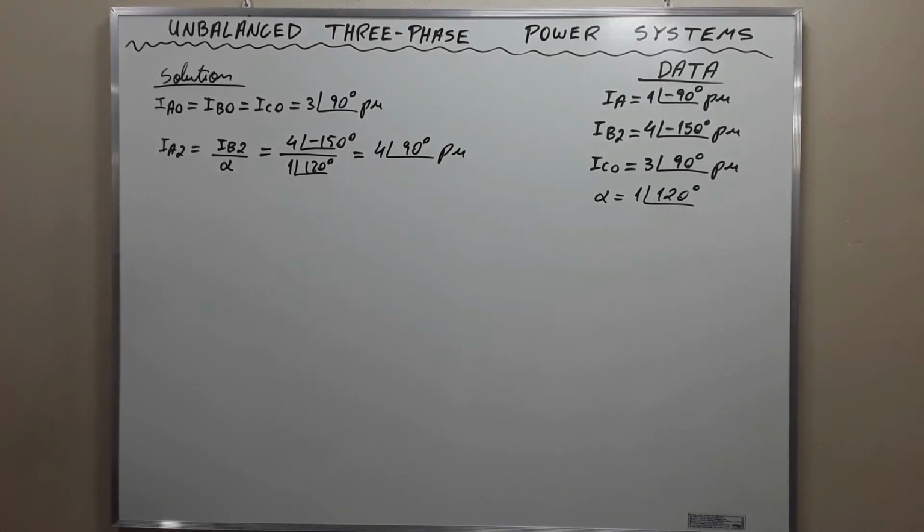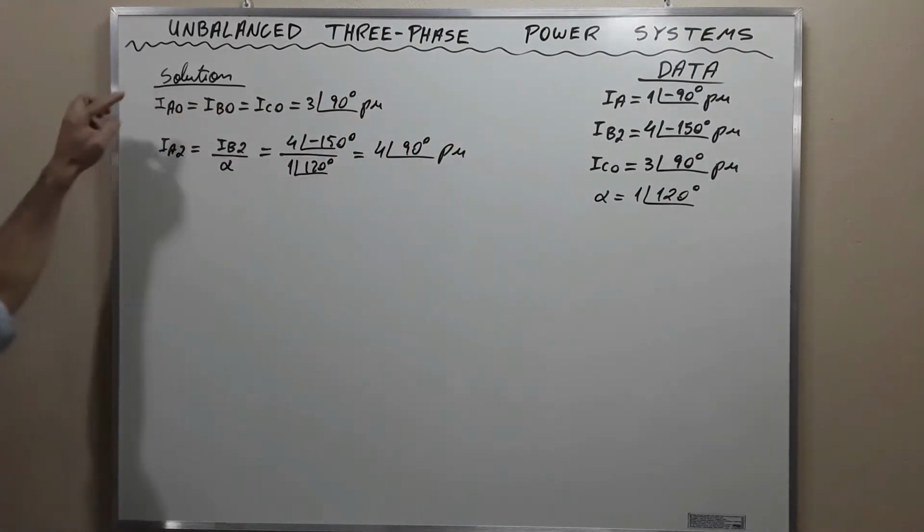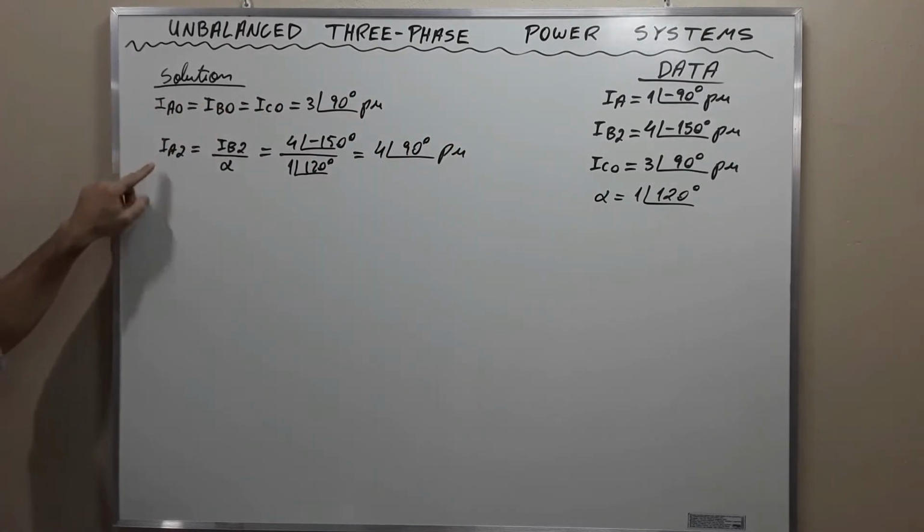Alright, with these values we can calculate the positive sequence component of conductor A, okay? We have this, and we have this.